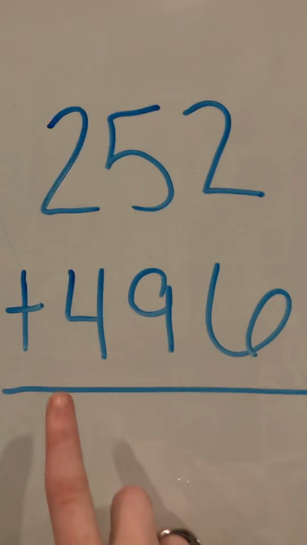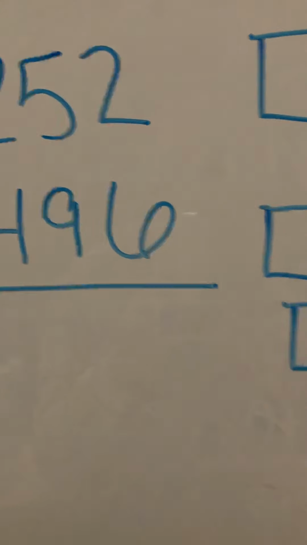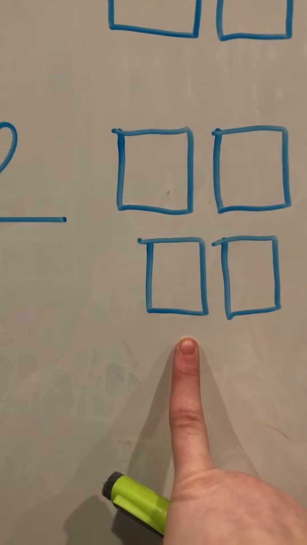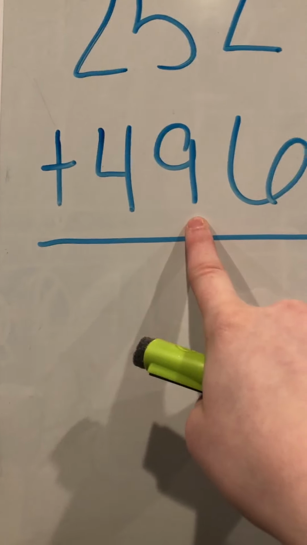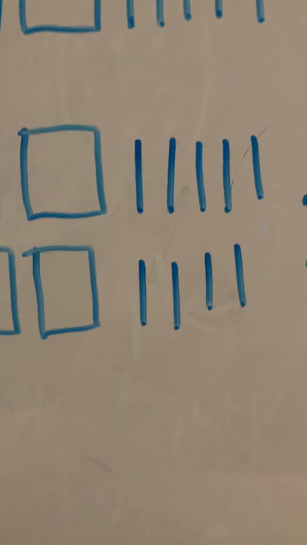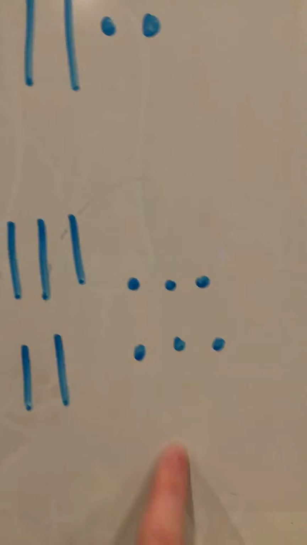Then we come down here and we see we have 496. So we're going to draw our 4 100s. And then we have 9 tens. So we're going to draw our 9 tens over here. And then we have our 6 ones. So we're going to draw out our 6 ones over here.